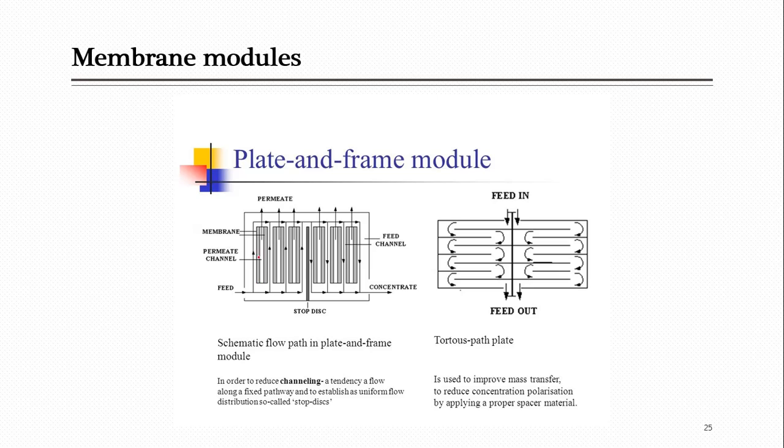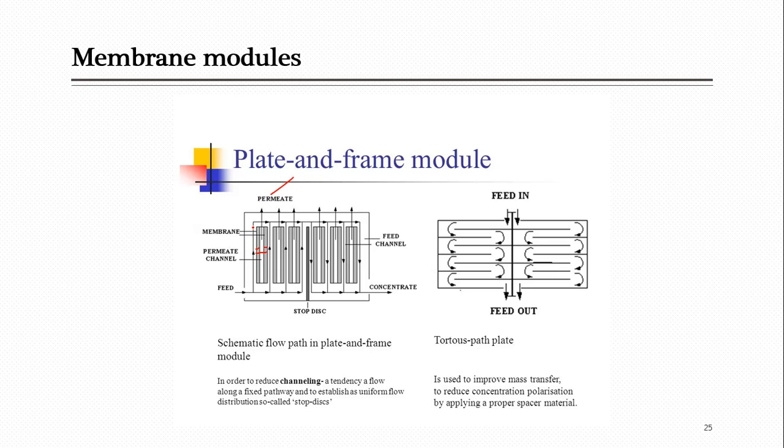Any permeate which is collected can't leave, only through the specific path where you want to collect it. When you force the feed through this path, the components which can permeate through this membrane pass through the membrane module, and are collected inside this capillary, and finally collected as permeate.